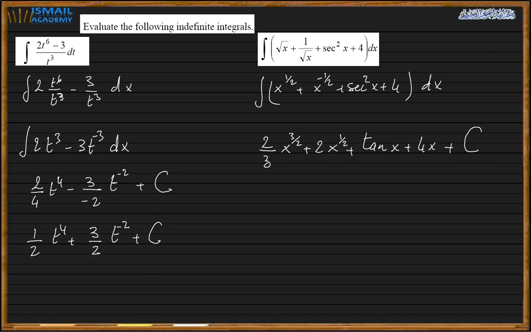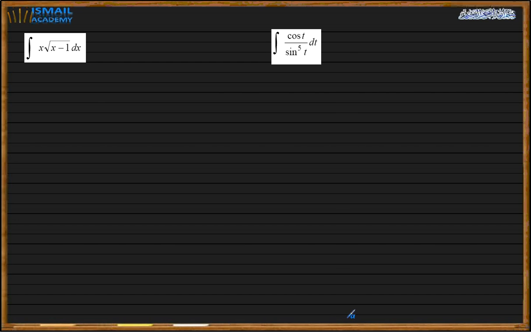All right, for the next question, we need to use substitution. The best way, and the easiest I believe, is to choose this expression as u. So u equals the square root of x minus 1, which means that u squared is x minus 1.